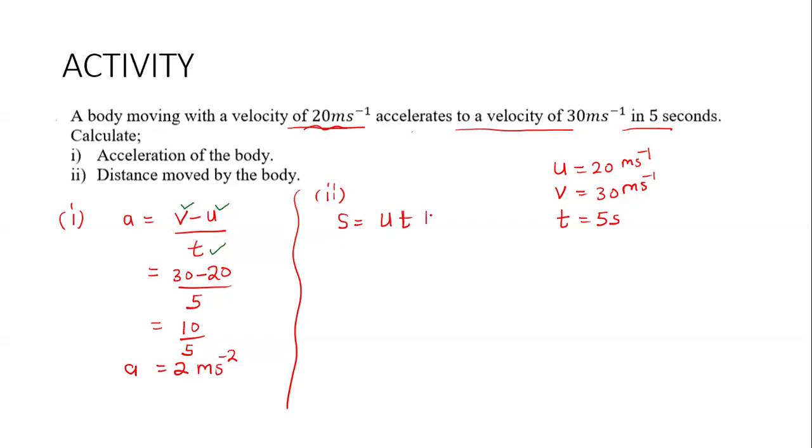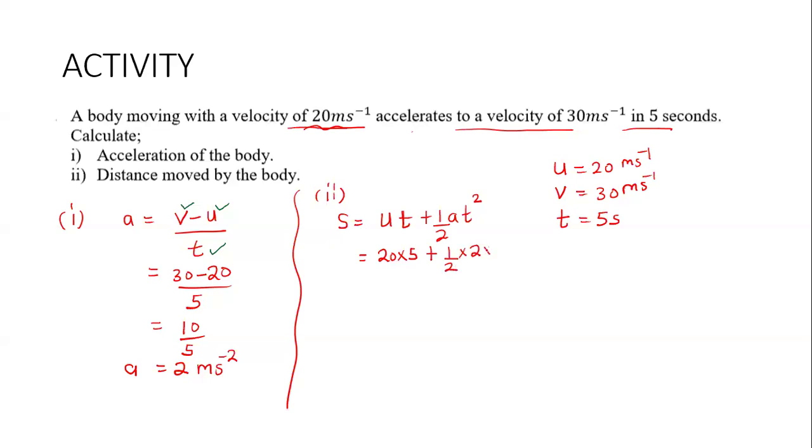Okay, UT plus a half of acceleration times T squared, okay? So we are going to substitute. Our initial is 20. Our time is 5. Plus a half of our acceleration, which is 2.